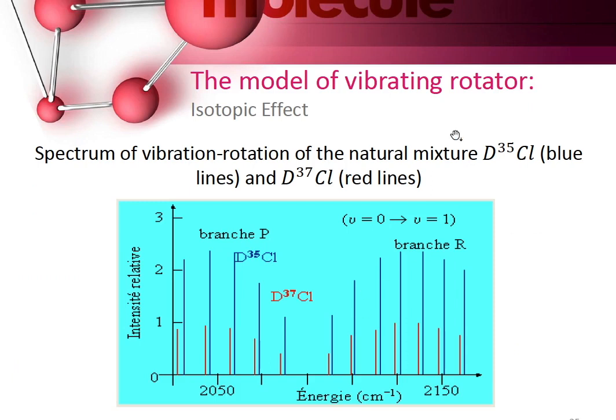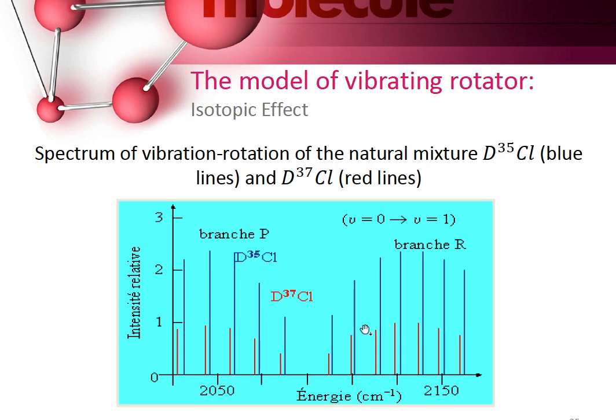And finally, very quickly, something about the isotopic effect. So here we have a natural mixture of D35Cl and D37Cl, and they show up like this in terms of rich band and poor band. Clearly, when you look at this, you can tell that the more abundant isotope is the D35Cl because intensities are much higher.